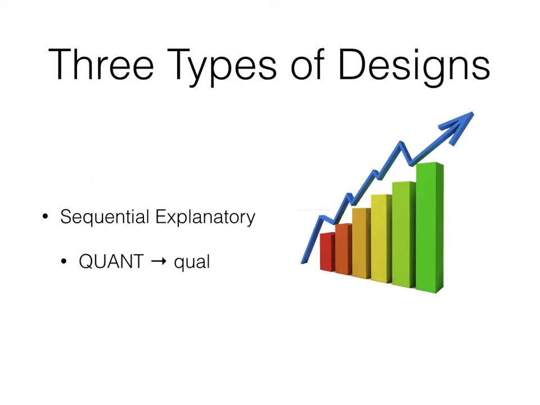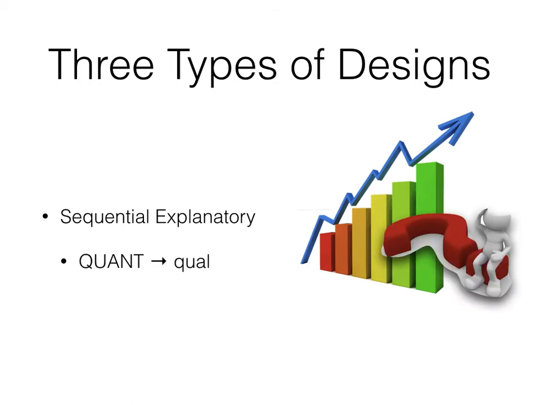There are three types of mixed methods designs, and they're really about the sequence. First of all, when you're doing an explanatory, in other words, you're explaining why something happened, you gather and analyze using quantitative methods, get all your data analyzed, and then you add in the qualitative methods to get more information about what is found.